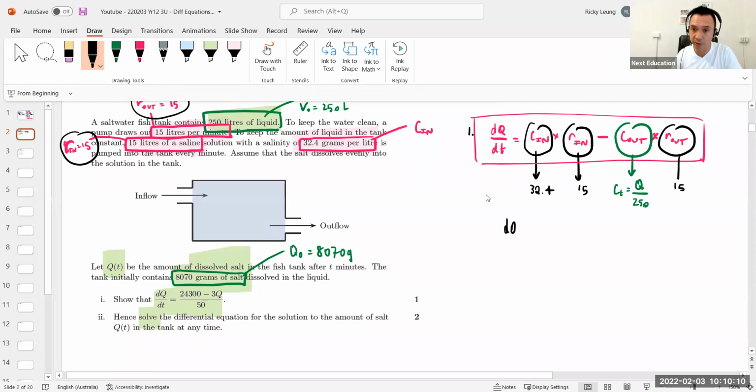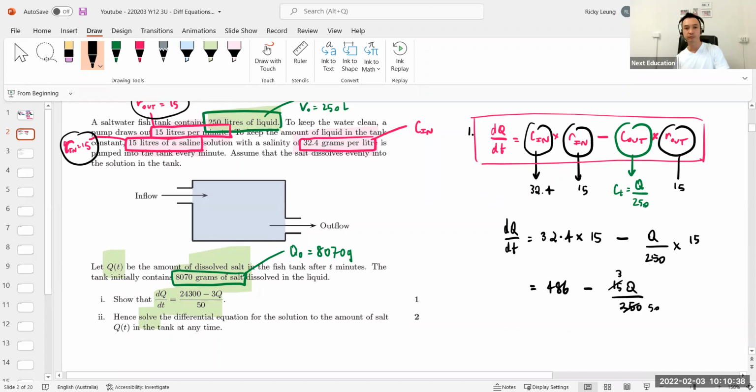So therefore dQ over dt equals 32.4 times 15 minus Q on 250 times 15. Guys, can you demonstrate to yourself that that is 486 minus 15Q on 250, which, 5 there, that's 50, and that's 3, right?